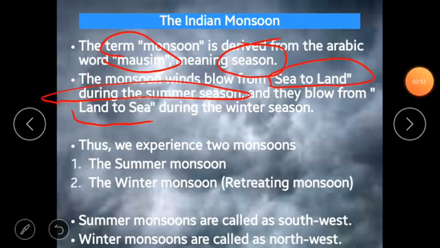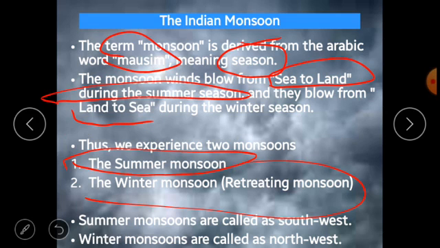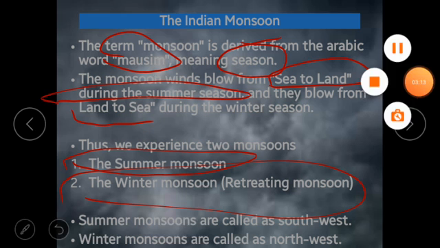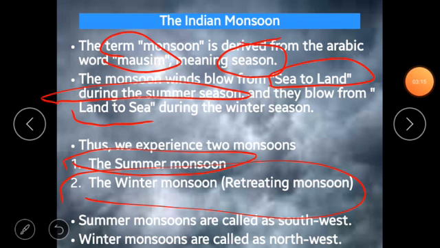Thus, this becomes the reason why we experience 2 monsoons in a year. The summer monsoons and the winter monsoons, which is also called the retreating monsoon. The summer monsoons are called the southwest monsoons.